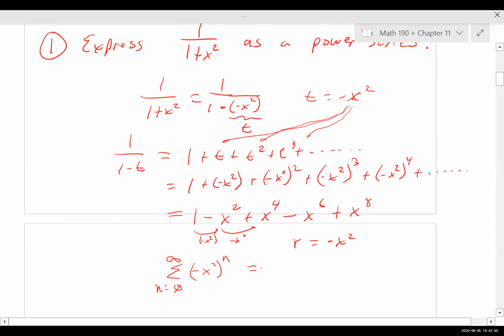If I really wanted to, I could express it a little bit differently. I could say that this is negative 1 to the nth power, kind of just break it up, times x squared to the nth power, the summation n equals 0 to infinity. But a power to a power, you just multiply powers.